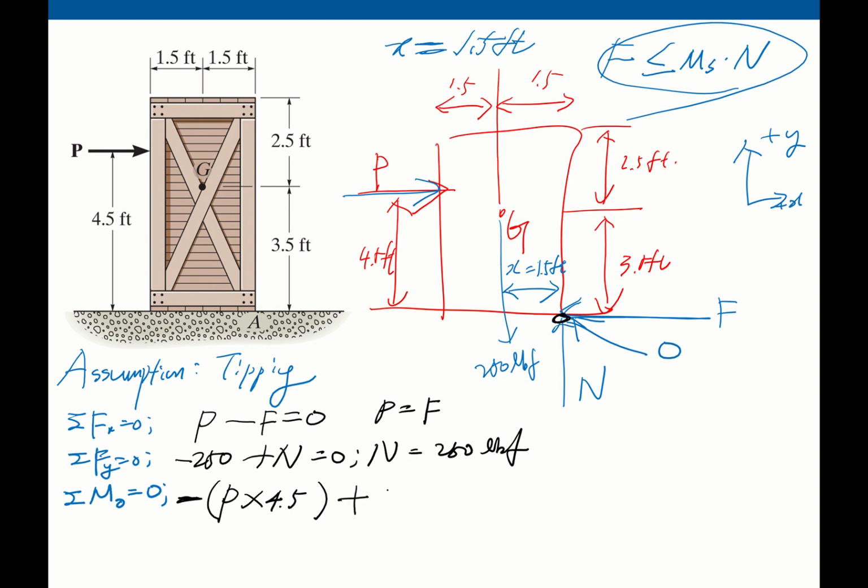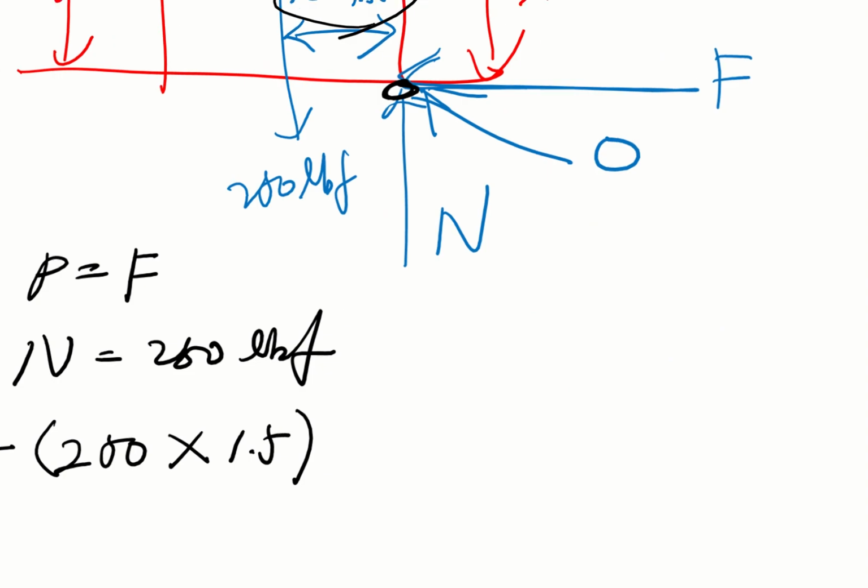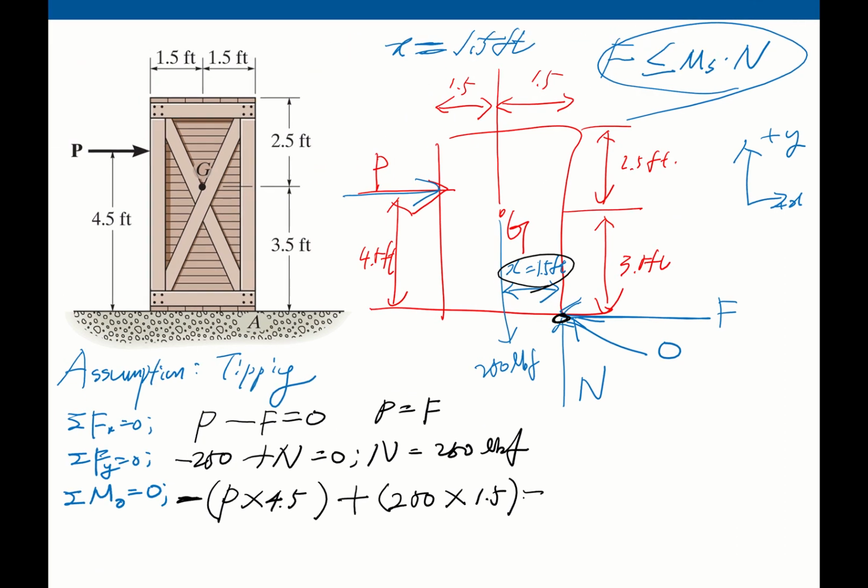The weight creates positive moment, 250 times 1.5 feet. We know the perpendicular distance from the point O, so this should be equal to 0. So from the last equation, we can find that P is equal to around 83.3 pound force.